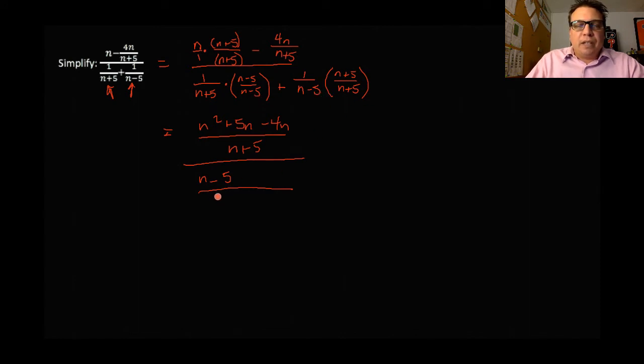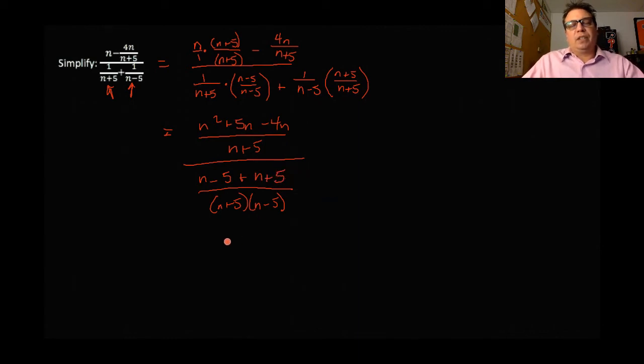So I need n plus 5, n minus 5. So we have the n minus 5 that's been introduced here, plus whatever is introduced in the numerator over here. So I had a 1 times n plus 5, so n plus 5.